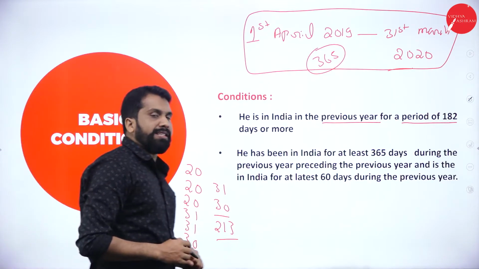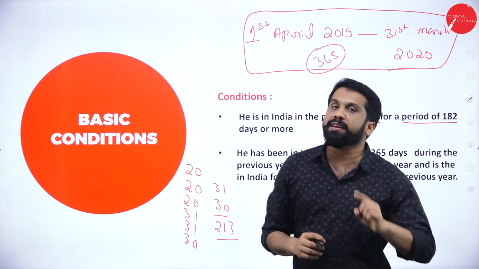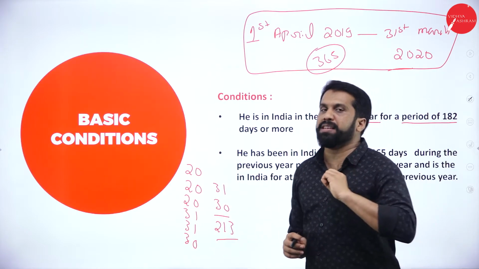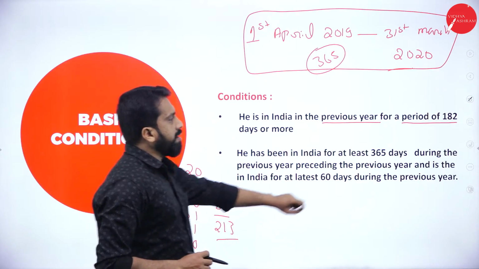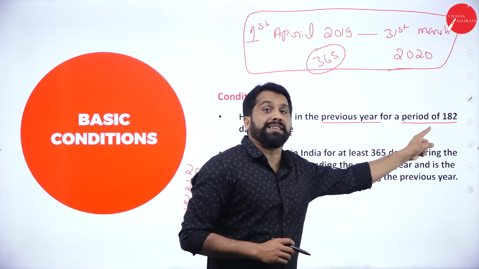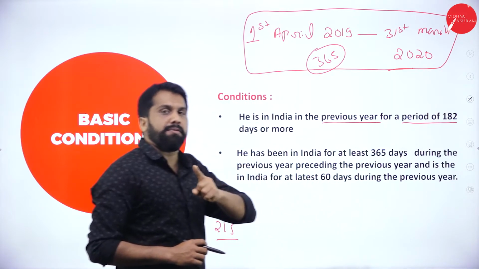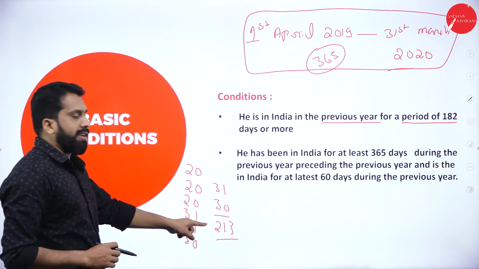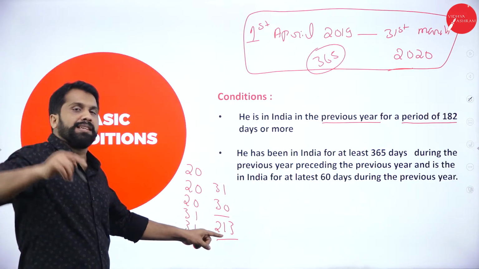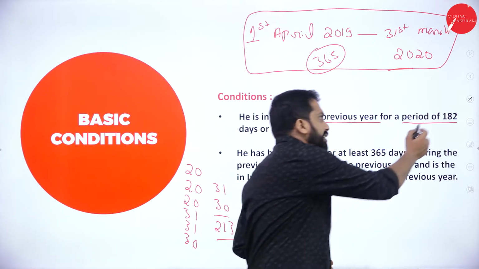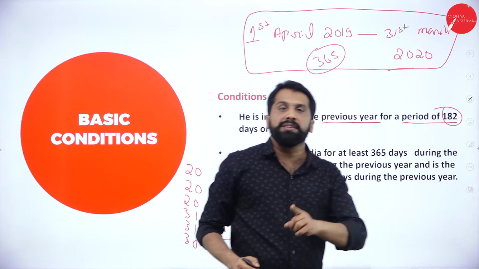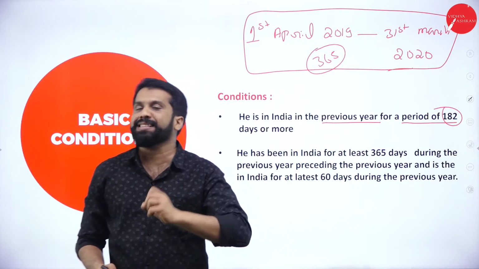Now, how many days was he in India? 213 days. What is the basic condition? First condition, he must be in India for at least how many days? 182 days. Was he in India for 182? Answer is yes. He was in India for 213, more than 182 days. So he is called what? Resident.